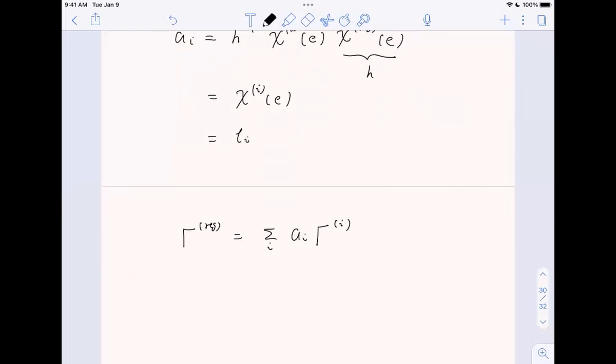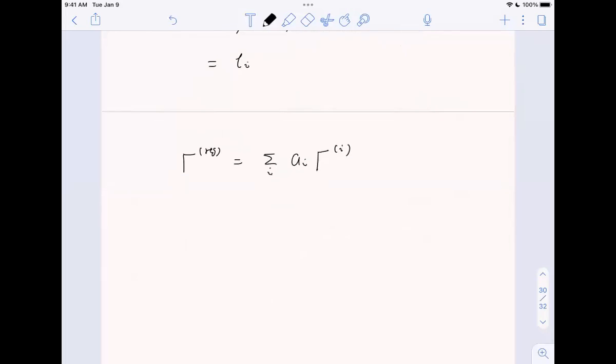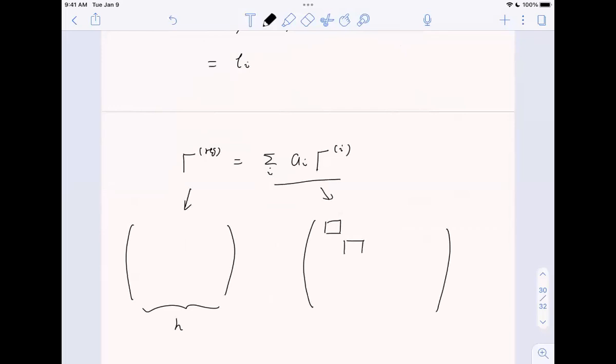Okay. So let me see. So this dimension is H dimension, and this one will be like a block form.